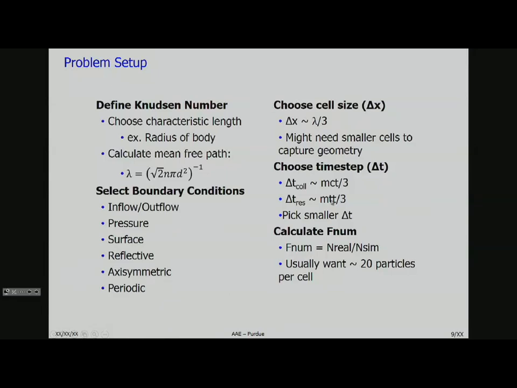In the case of both these time steps, you don't want such a big time step that you might be skipping through multiple collisions. So that's why you have your mean collision time divided by 3, to make sure that even in the worst case scenario, you're still not skipping through collisions. Also, the residence time or translational time is how long it takes your particle to move through a cell.